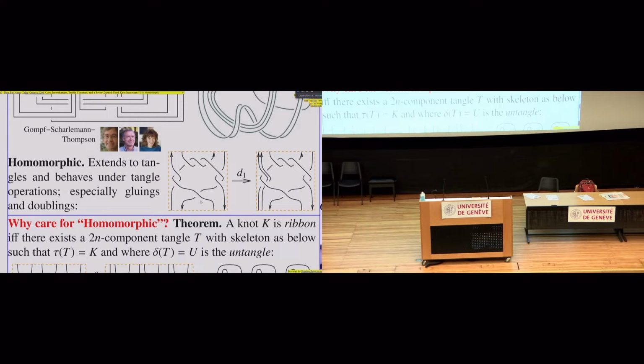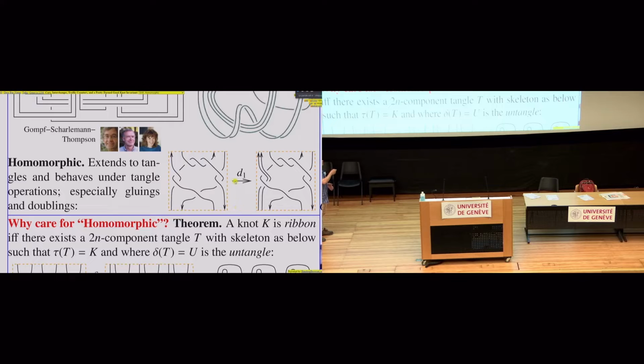To be homomorphic would mean that if you can compute the invariant of this and the invariant of that, you can compute the invariant of the union. More interestingly, if you have a tangle, then there are a few extra operations. Let's say the strands are numbered, and this one is number 1.